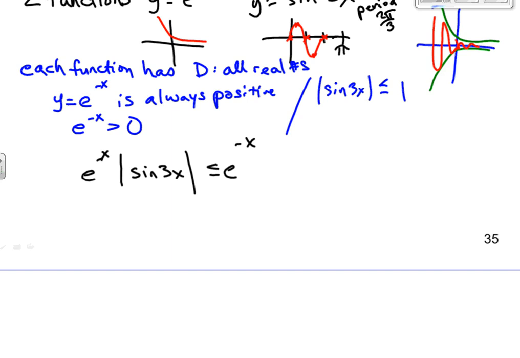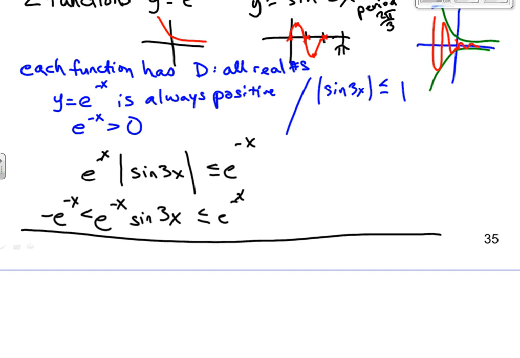So the way we can write that is negative e to the negative x is less than or equal to e to the negative x sine 3x, which is less than or equal to e to the negative x. And we'll look at that at the beginning of the hour tomorrow because I want to take a few minutes to do that.